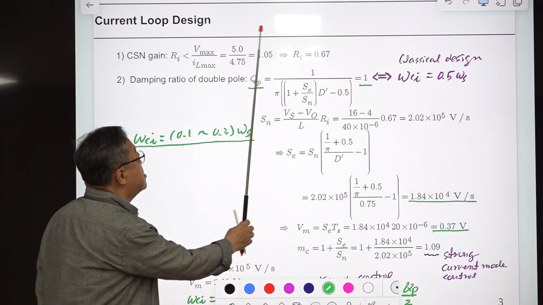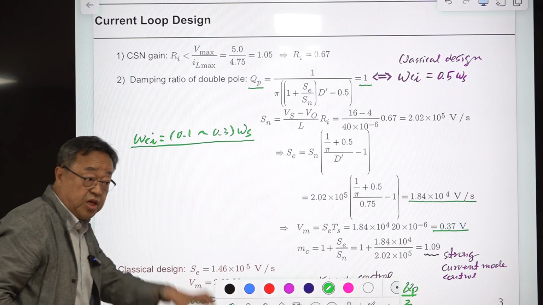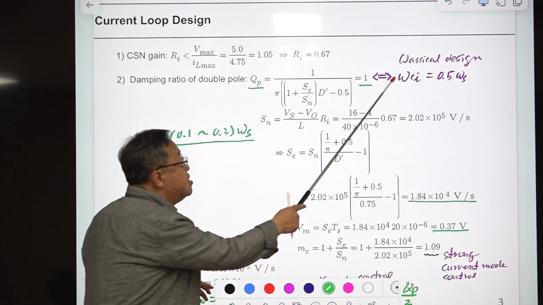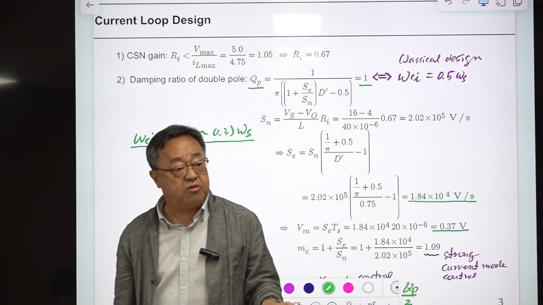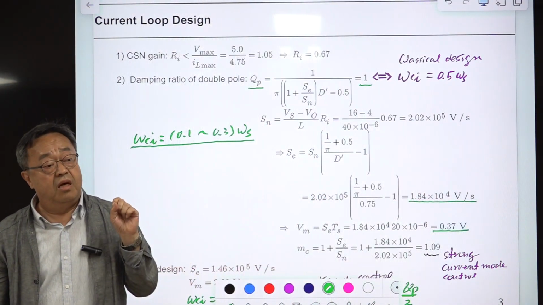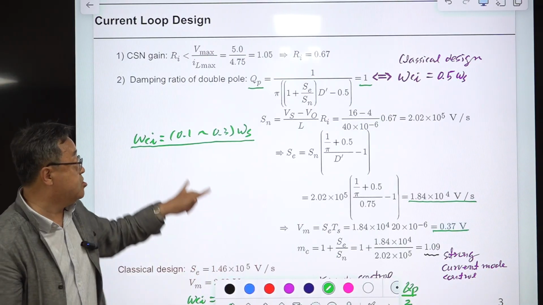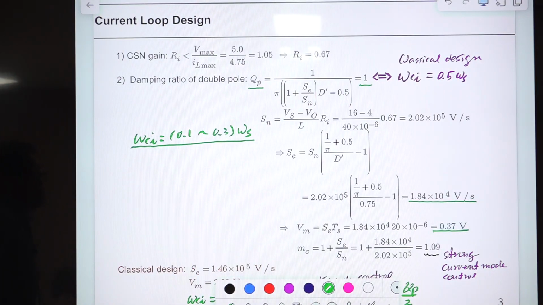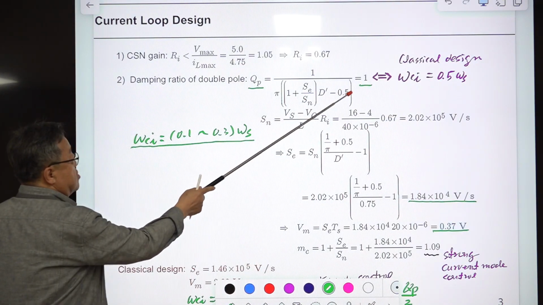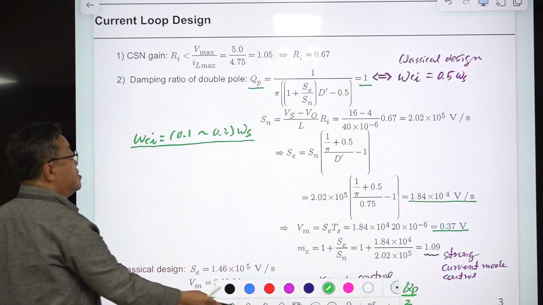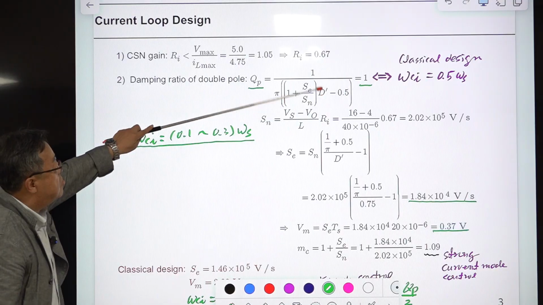If you follow this design procedure, you come up with some design, and if you take this and follow the classical design, then the design result of the current loop is exactly the same, okay? So this is a very good relationship, right? And I'll address this again and again. So this is the introductory statement about this. We'll prove this, okay?